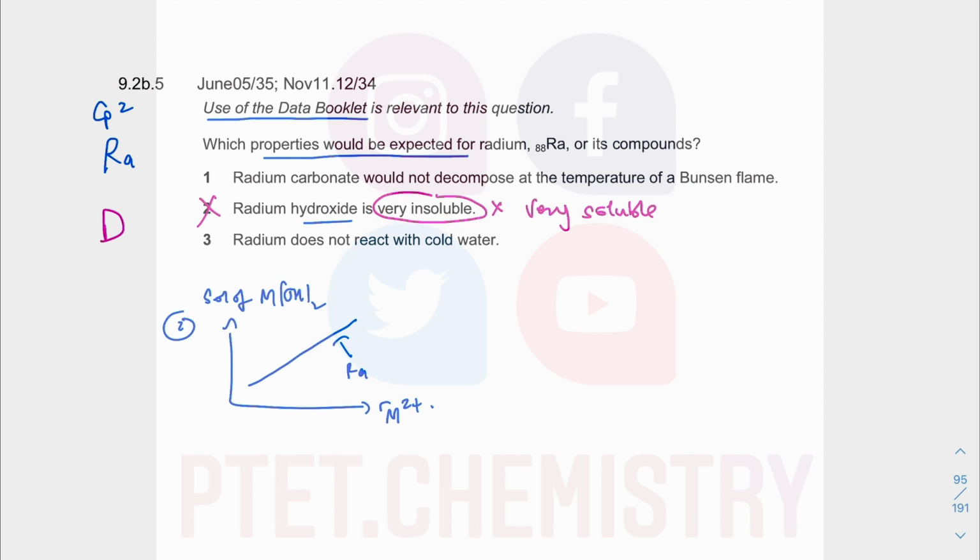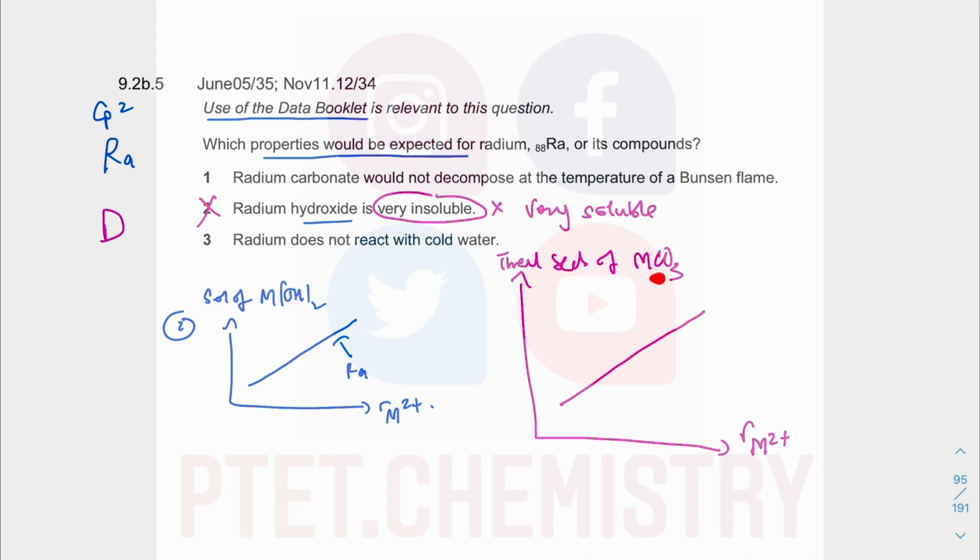If I check number 1, radium carbonate will not decompose. So we know number 1 must be correct, by logic. It will not decompose at the temperature of a Bunsen flame. If you consider the thermal stability of group 2 carbonates, going down group 2, the thermal stability of group 2 carbonate increases. It becomes very difficult to decompose.